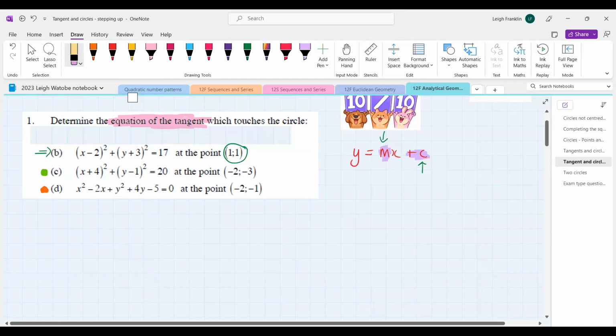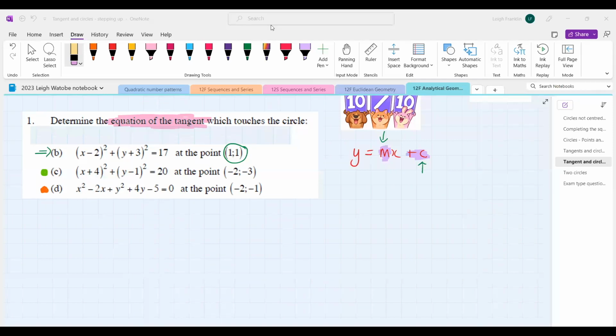Okay. All right. So we've got quite a few people that are already finished. Anybody get the answer to C that they want to share with us? Just the equation of the tangent is fine.